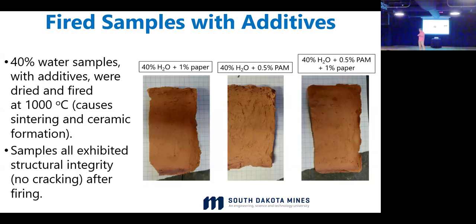And so when you fire Belfou shale, it turns that orangish color. The iron oxide oxidizes, and then you can get different shades of either orange or red depending upon how high you go with the kiln.